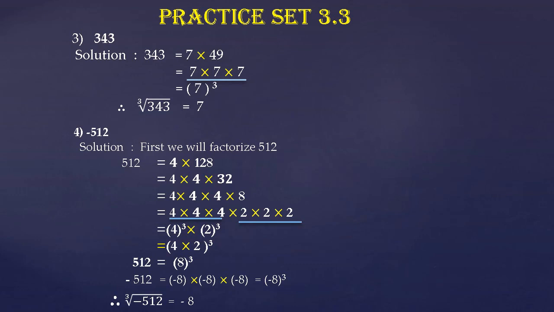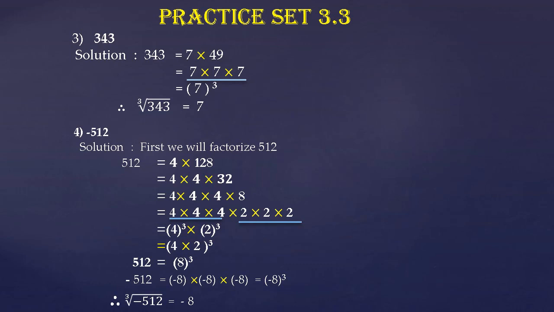Question number 4. Find the cube root of minus 512. Solution. Here, first we will factorize 512. Therefore, 512 is equal to 4 into 128, which is equal to 4 into 4 into 32. That is equal to 4 into 4 into 4 into 8.